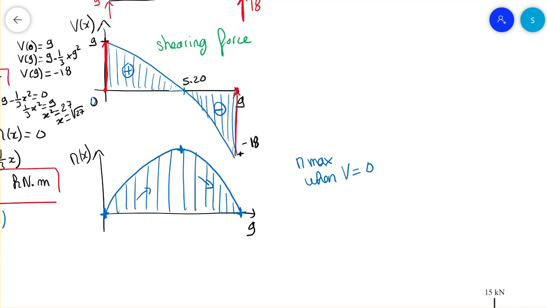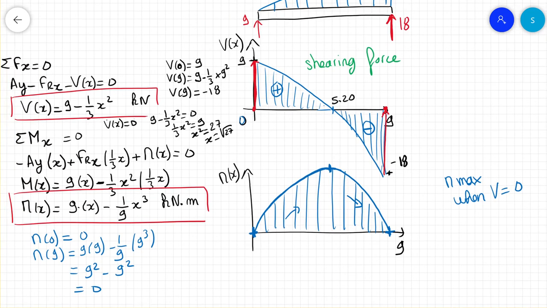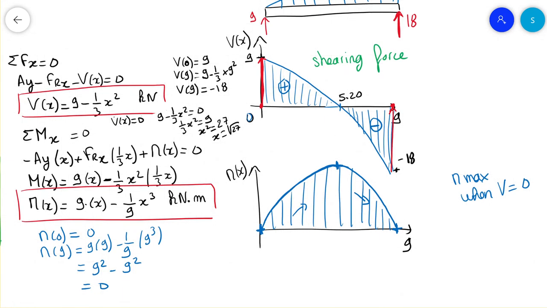And your moment doesn't have any gap, any step, because we don't apply any external moment on the structure, only a load. So the moment is smooth. You see this curve is smooth. To have a gap in the moment, we need to apply an external moment.